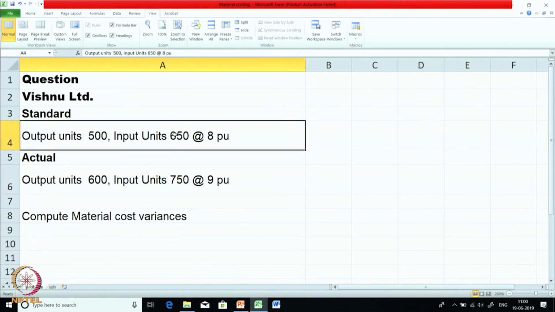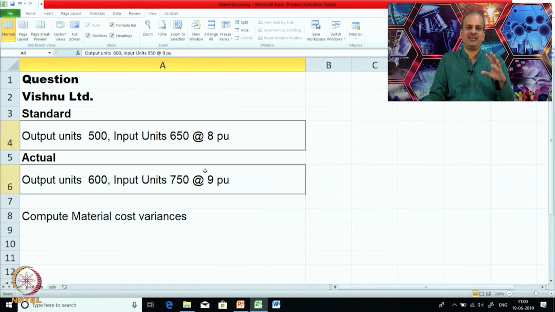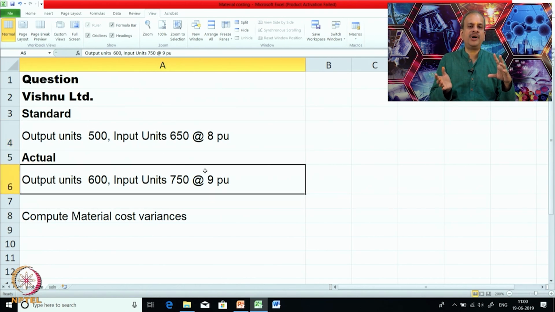Same way you cannot compare 750 with 650. First of all, you have to write the actual, which you can directly write, no problem in that, but calculate the standard for actual output and then that standard and actual will be comparable.